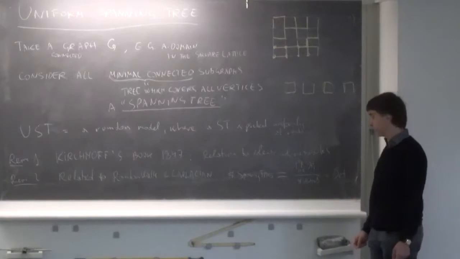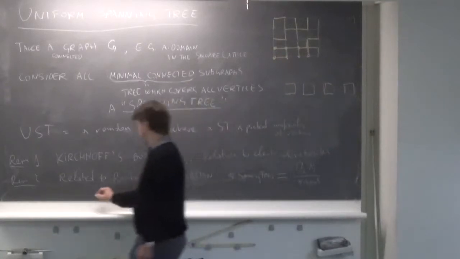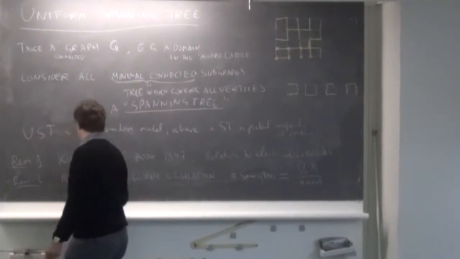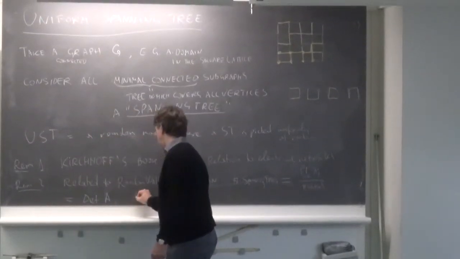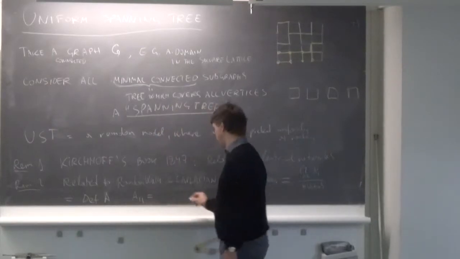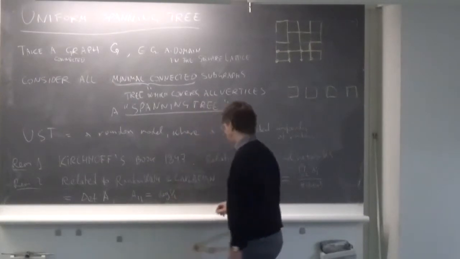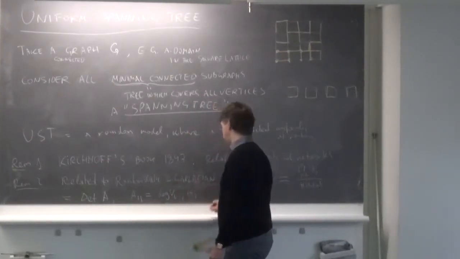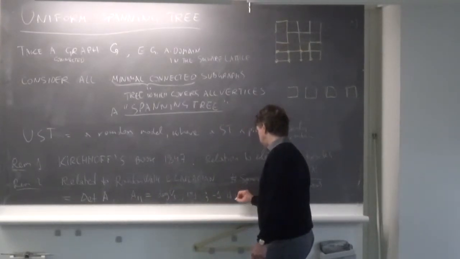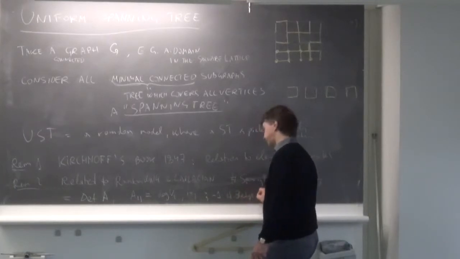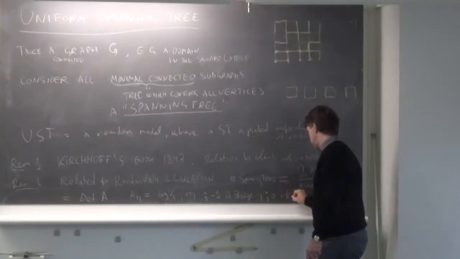So you take the determinant of the matrix A, where A_ij is equal to the degree of vertex i if i is equal to j, it's equal to -1 if there is an edge ij, and it's equal to 0 otherwise.